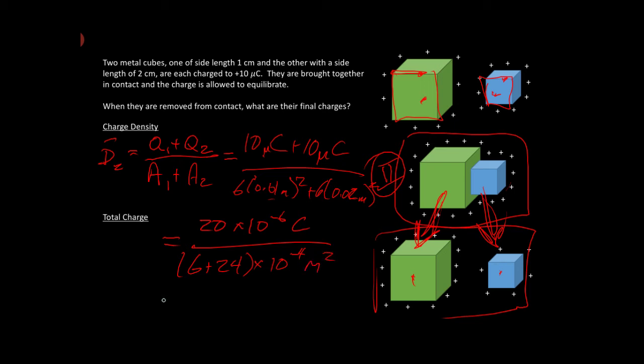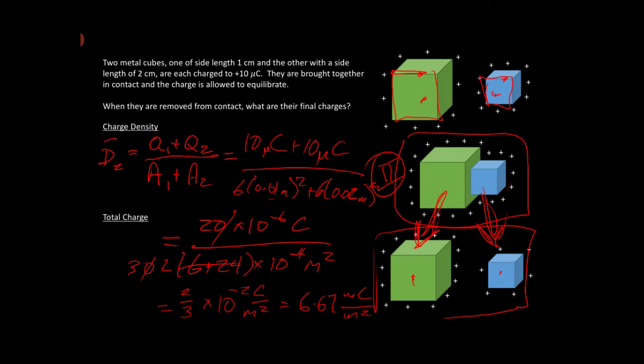All right, so that's 30. And I can cancel out a 0 there, so I end up with 2/3. 10 to the minus 6 plus 4 is 2 times 10 to the minus 2 coulombs per meter squared as that charge density. So that's 6.67 millicoulombs per meter squared as the charge density.